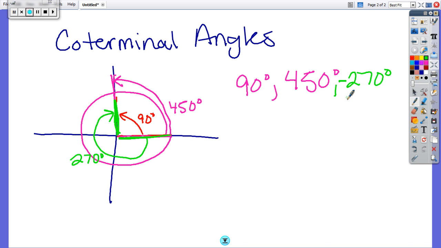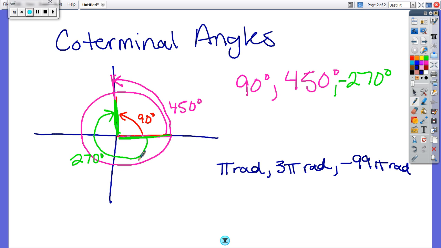The same thing can happen with radians. So for example, in radians, you can have coterminal angles. If I start with pi radians, we know that an entire circle is 360 degrees, or 2 pi radians. So pi radians is coterminal with 3 pi radians, and is also coterminal with negative 99 pi radians.